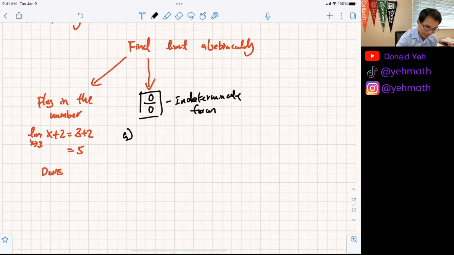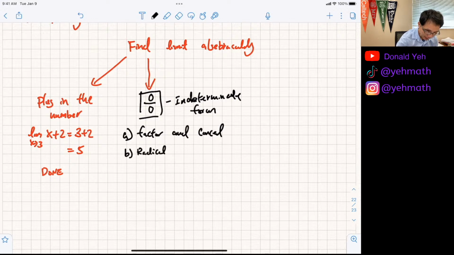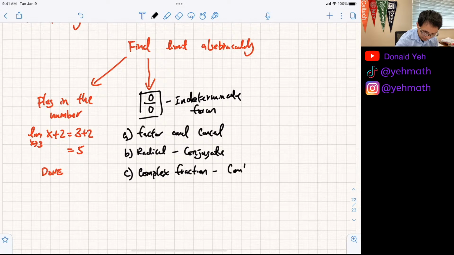So the first part of math is called factor and cancel. The second part of math is every time you see a radical, it has something to do with conjugate. If you see a complex fraction, you're going to do combine fractions, which is also on the test.